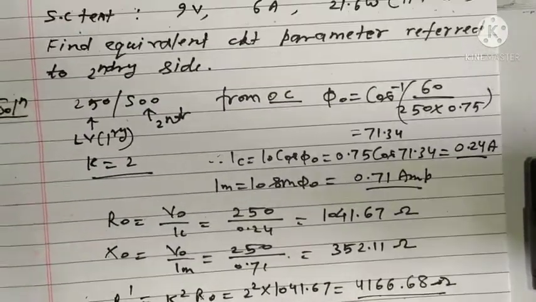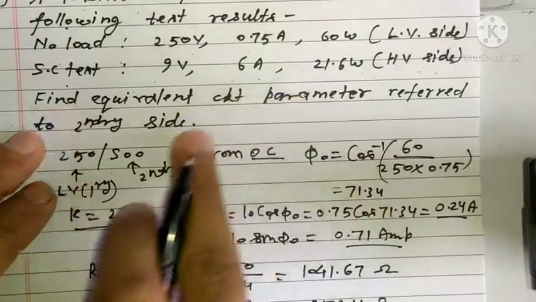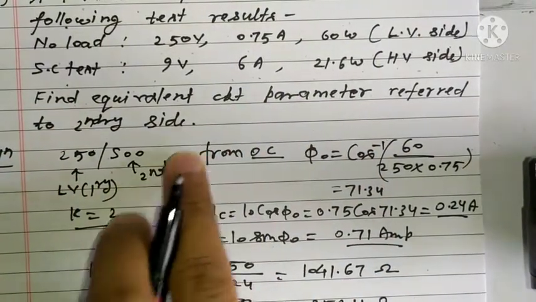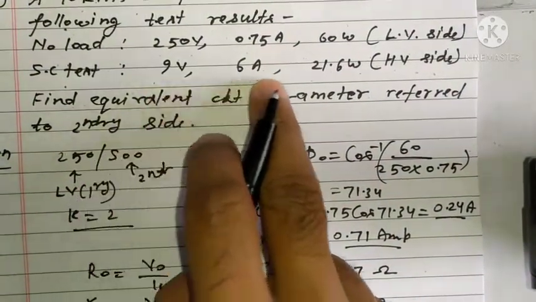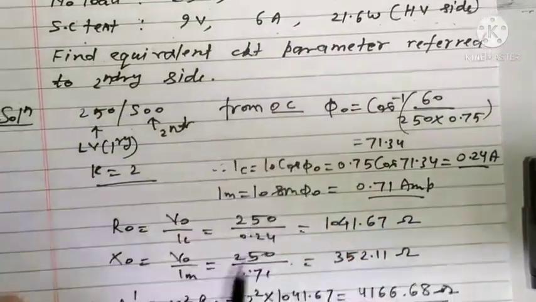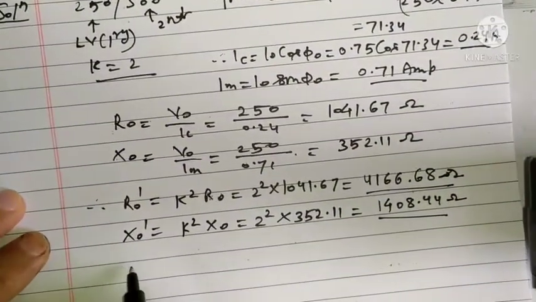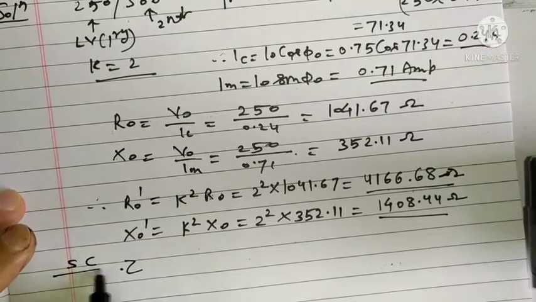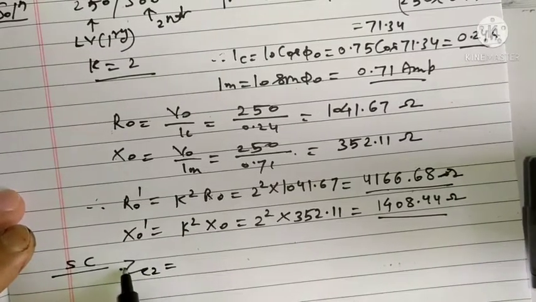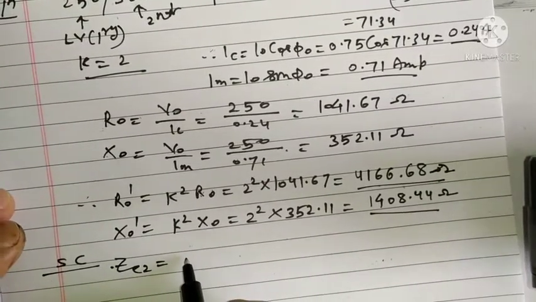Now the SC test is conducted on HV side, and HV side is the secondary side. So by default we will find equivalent circuit parameters referred to the secondary side itself. So ZE2 from the SC test will be VSC by ISC.